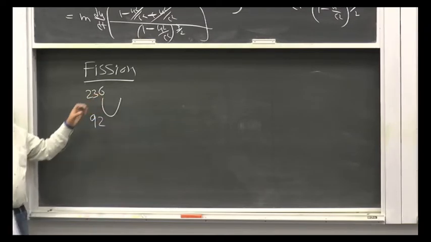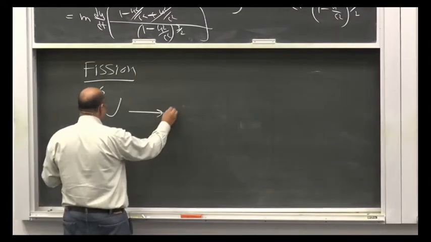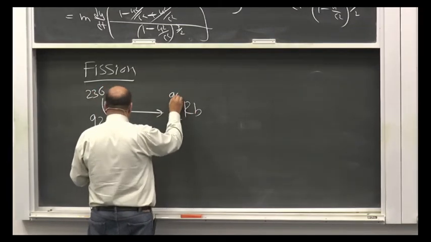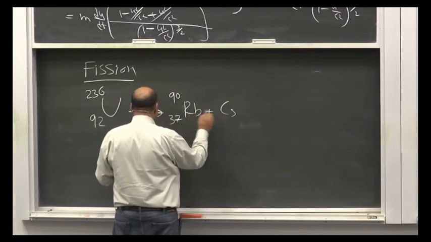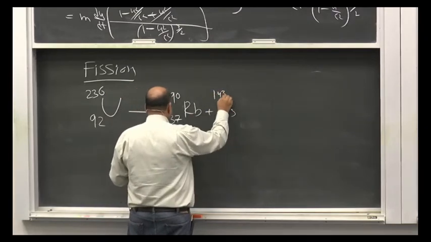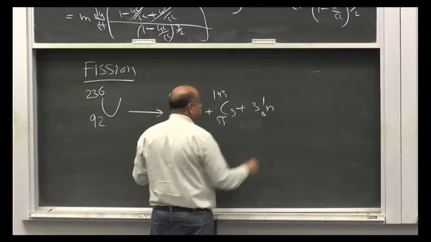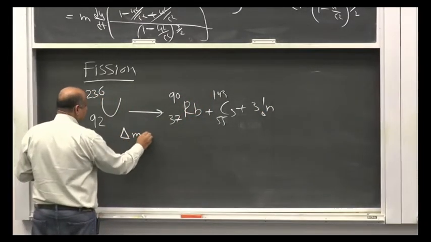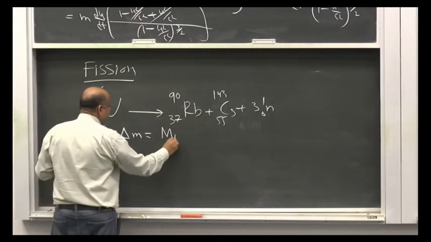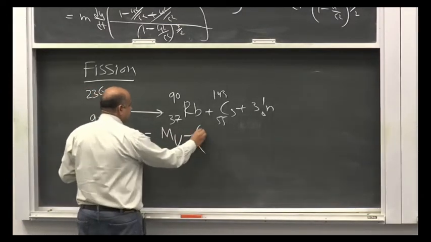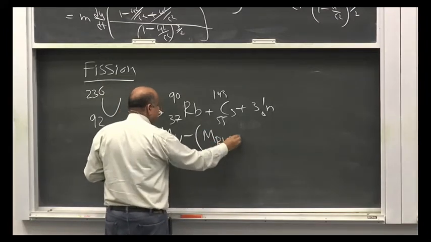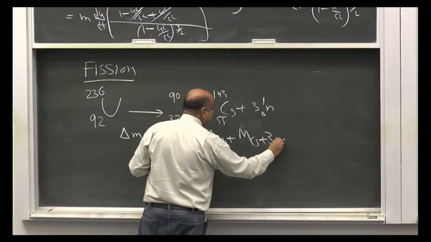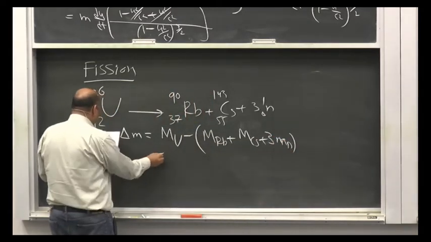After a short while it breaks into two nuclei: cesium, rubidium, plus it generates 3 neutrons. और जो mass difference है अगर आप निकालें, mass of initial minus mass of rubidium, mass of cesium, and 3 masses of neutron, the difference is huge.